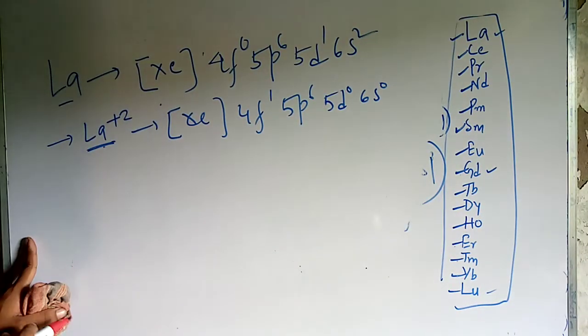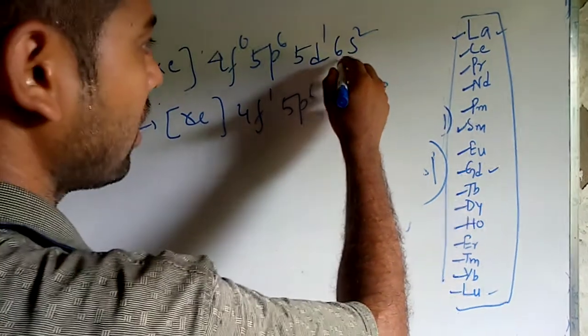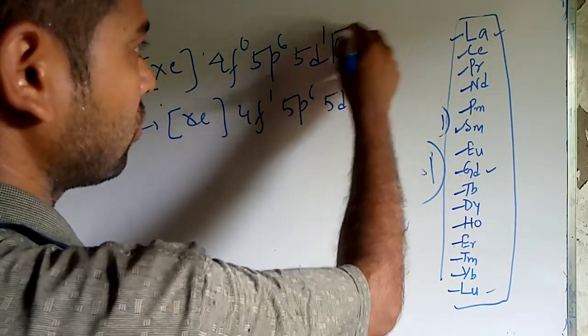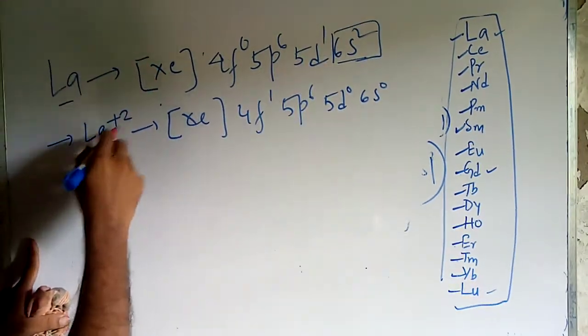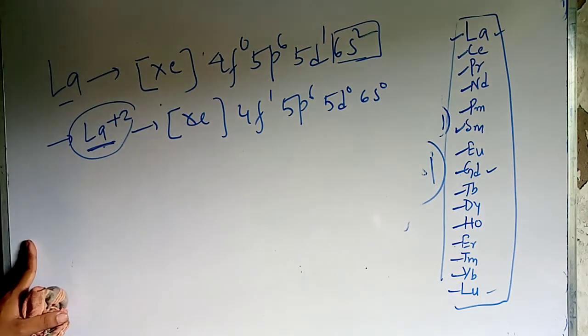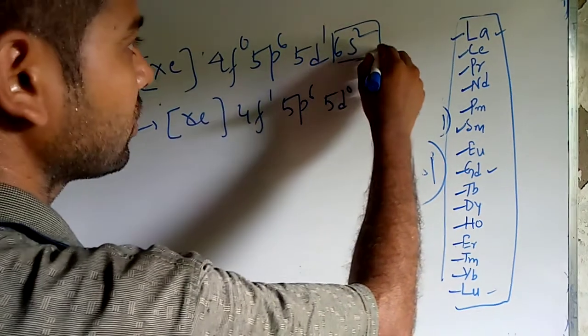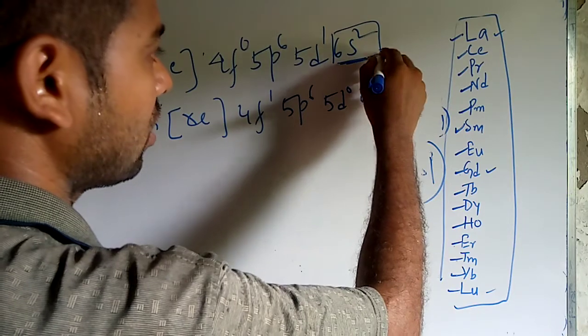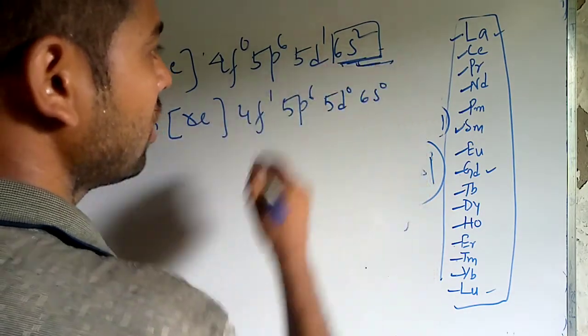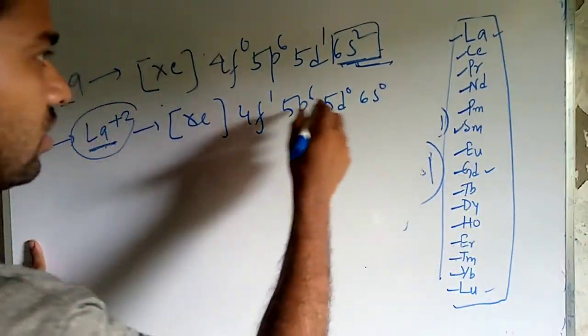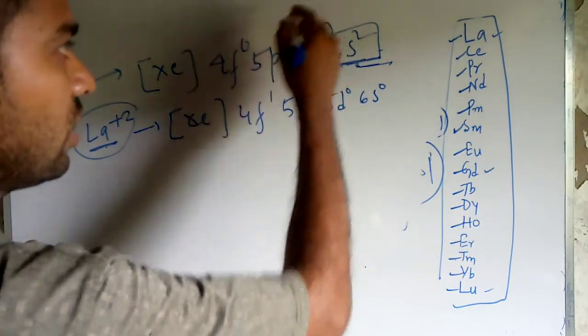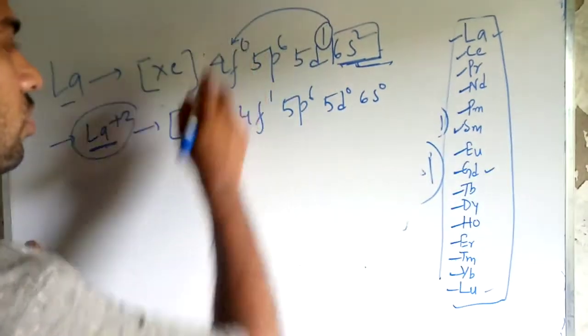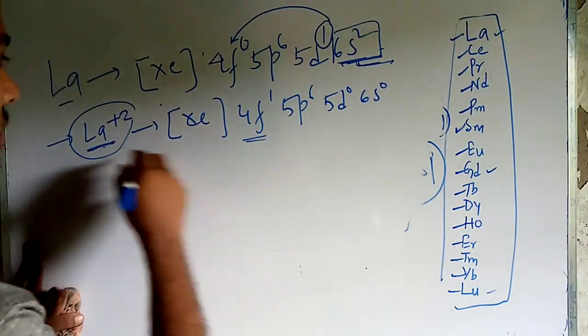When it is 2 plus, electrons are removed from 6s, and the 5d1 electron is promoted to 4f0. So this is 4f1 for the lanthanide 2 plus ion.